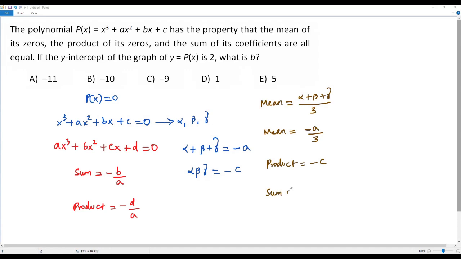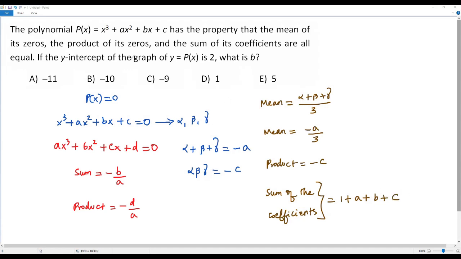Now let me get the sum of the coefficients. In the given polynomial function, the coefficient of x cubed is 1, the coefficient of x squared is a, the coefficient of x is b, and the constant term is c.